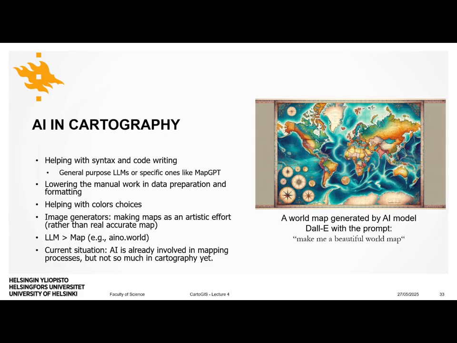If you ask a very specific question about GIS, because it knows all those other things, the knowledge is a bit biased, so you get mixed things. That's the idea behind these LLMs that are trained more for geospatial sciences, so the knowledge is balanced. So it can help us in lowering the manual work, like you said, in many different ways, helping with color choices, as it came up in your comments.